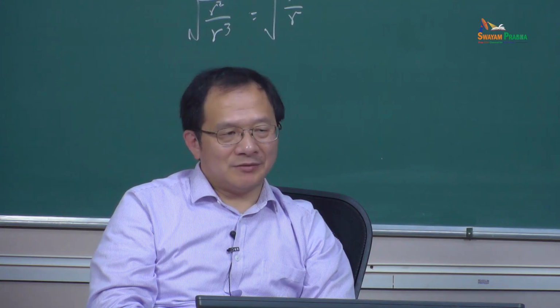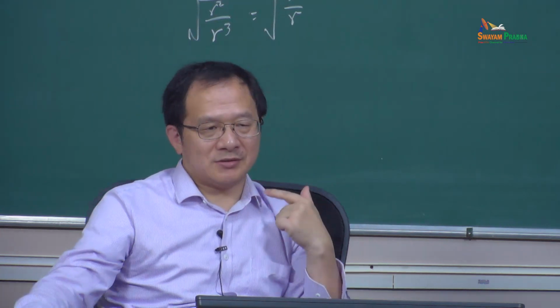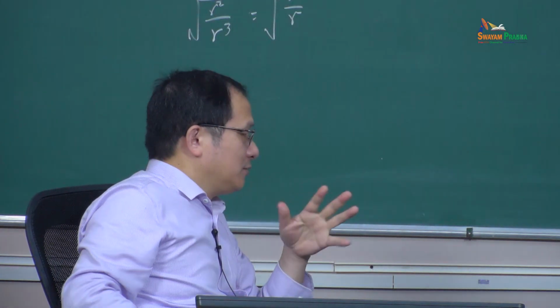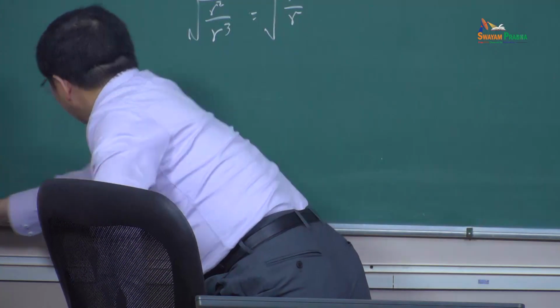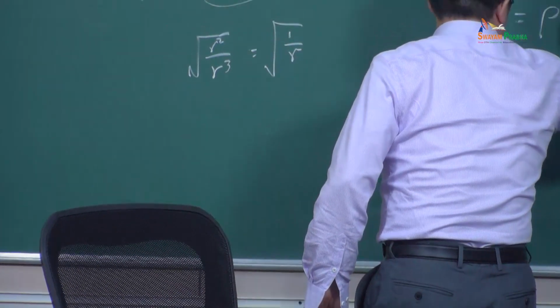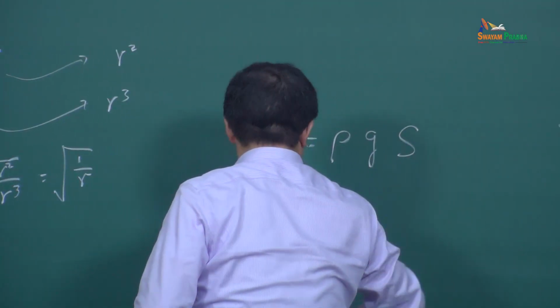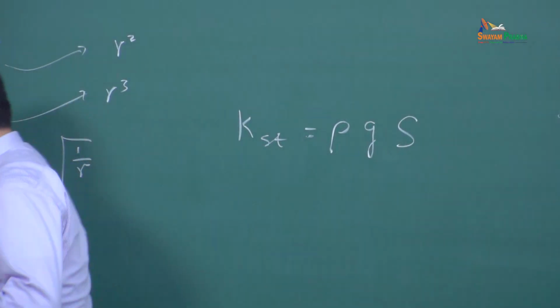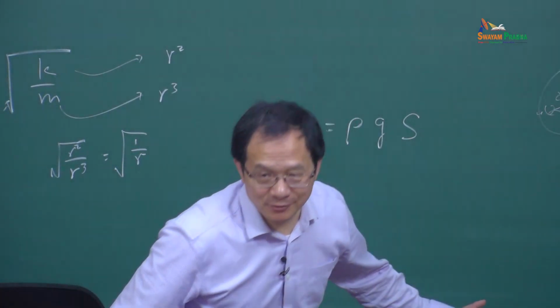And let me say it this way. We discussed so much about hydrostatic stiffness, right? Hydrostatic stiffness, rho g times cross section area. A lot of the time, the stiffness is too large.